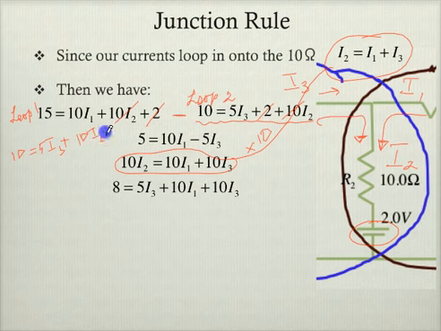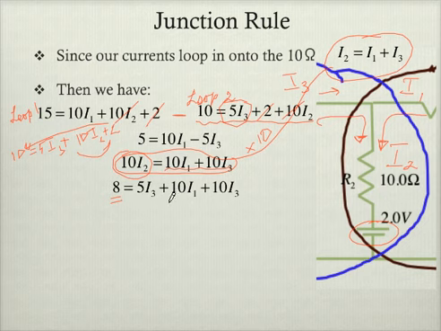plus 10i2 plus 2. I put 2 over here and end up with 8 equals 5i3 plus 10i2. And instead of 10i2, I'm going to write that. So I have 8 that came from 10 minus 2. 5i3 came from here.